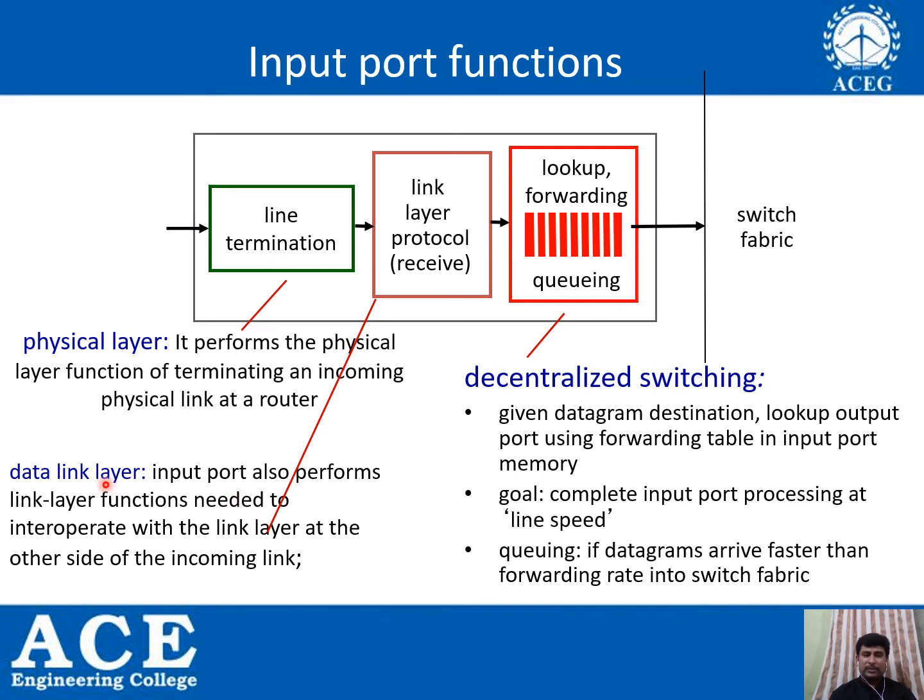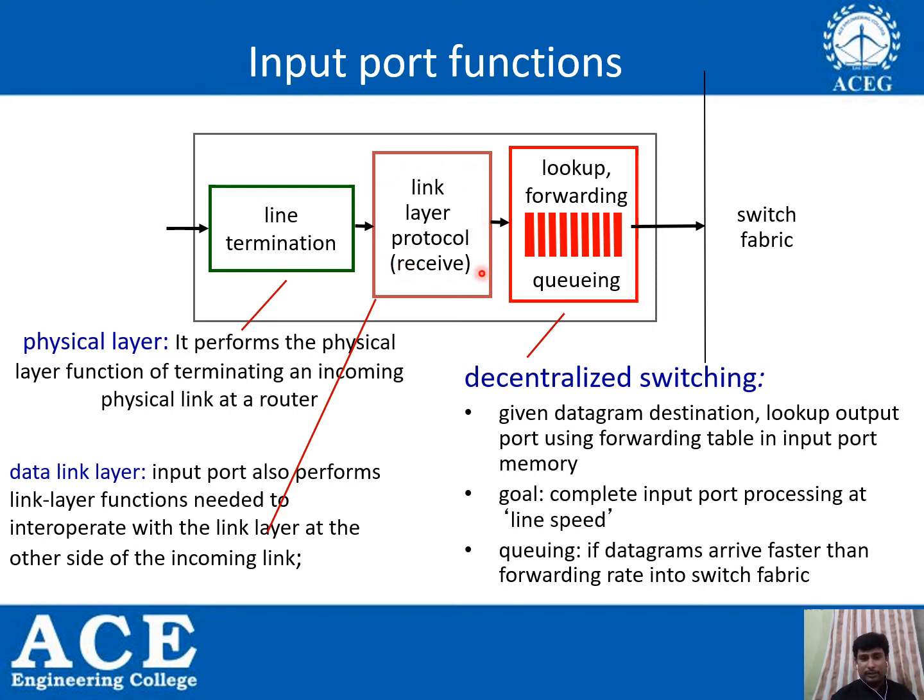What is this link layer protocol's role? This block of the input port performs the link layer functions needed to interoperate with the link layer at the other side of the incoming link. For instance, I am the sender and this is the router. The interoperability we need to maintain will be performed by the link layer protocol.